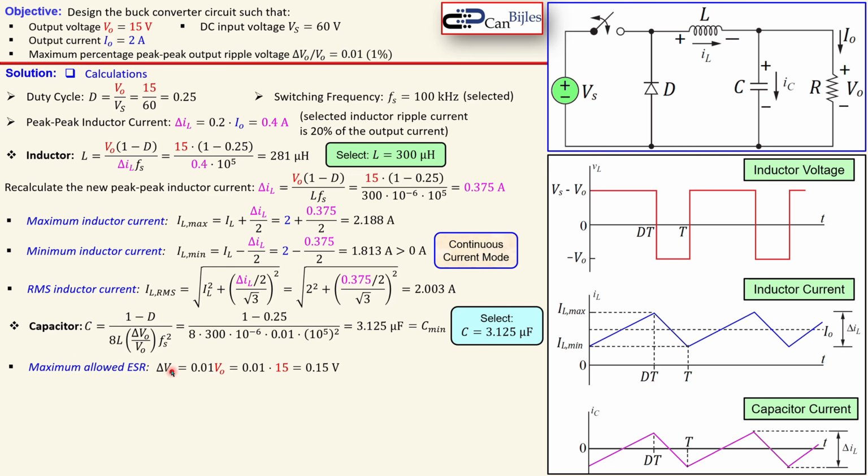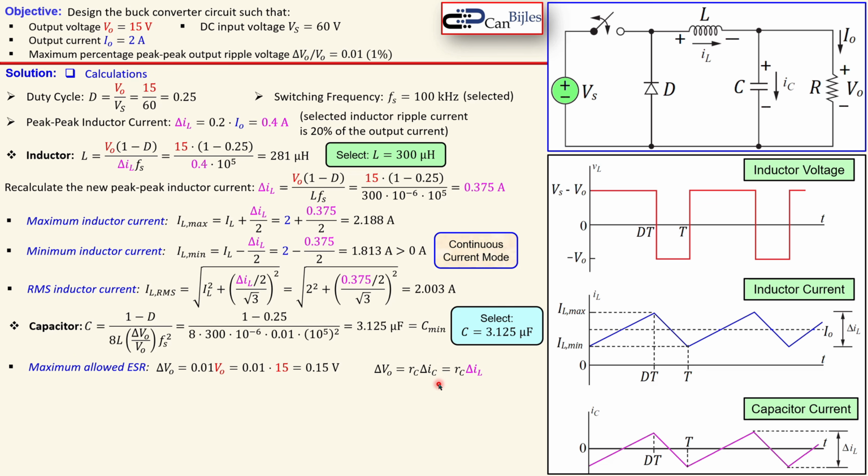And since peak output voltage is equal to 1% of the actual output voltage, that means 0.15 volts, and the output voltage peak is also related to the small letter rc, which is the equivalent series resistor of our capacitor, and that is given by this expression.